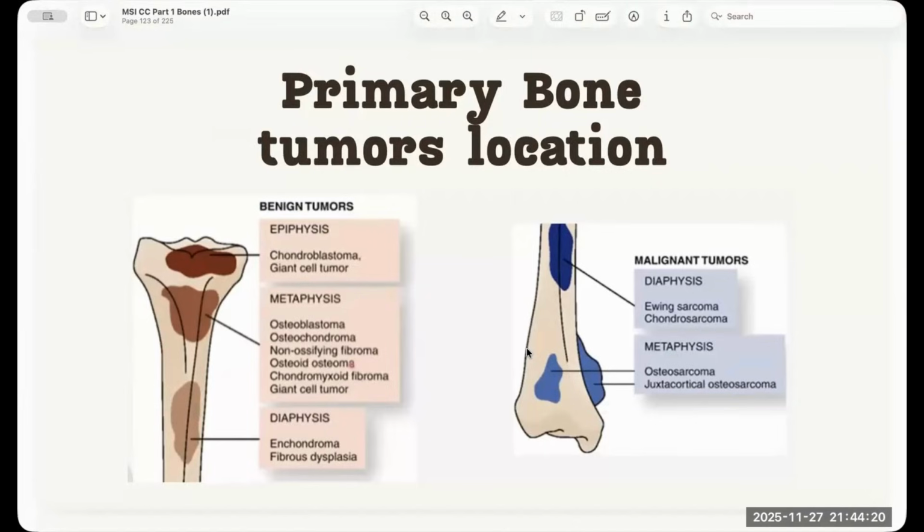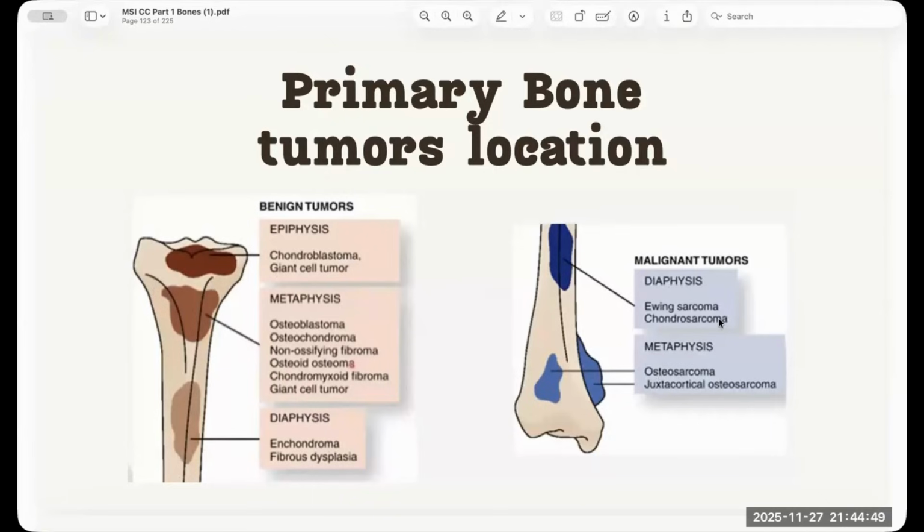Okay, the benign tumors can be seen in the epiphysis, the metaphysis, the diaphysis. Epiphysis is the top, the metaphysis is around the neck, or around the metaphyseal plate, and diaphysis is in the shaft or in the middle of the bone. Malignant tumors usually show in the diaphysis or the metaphysis, not in the epiphysis.